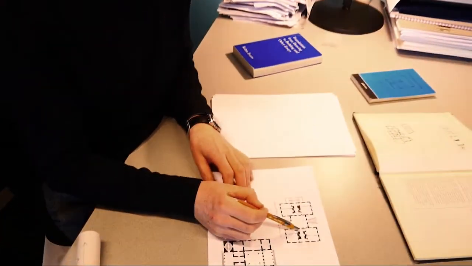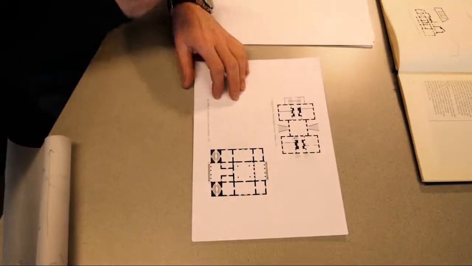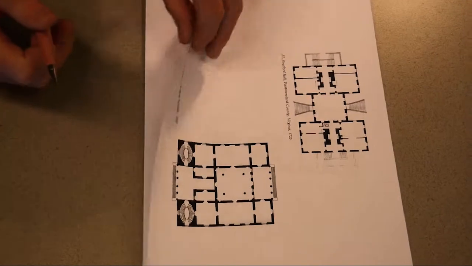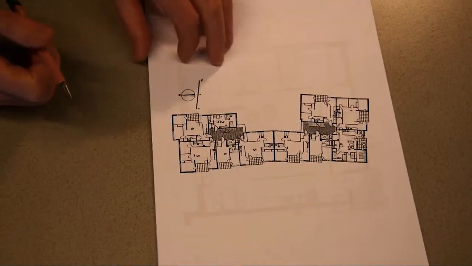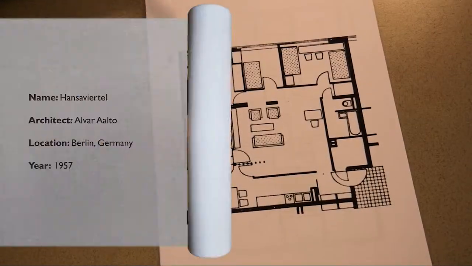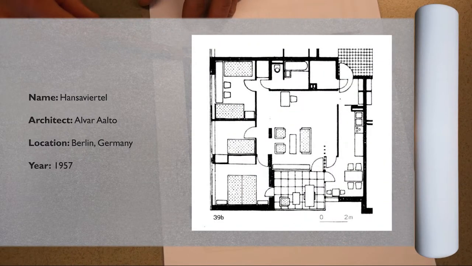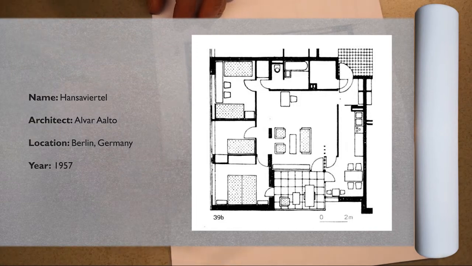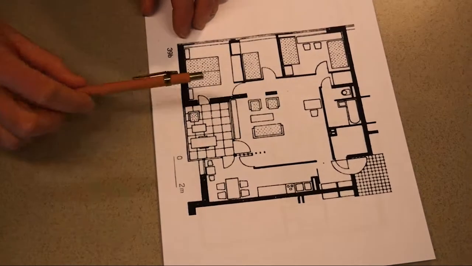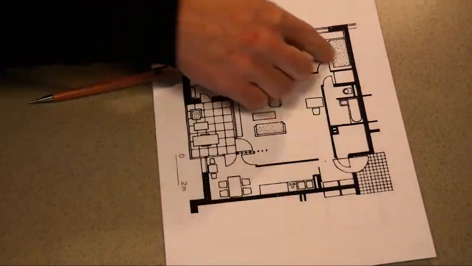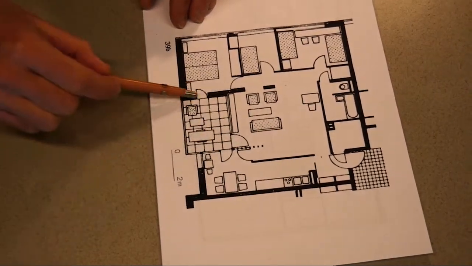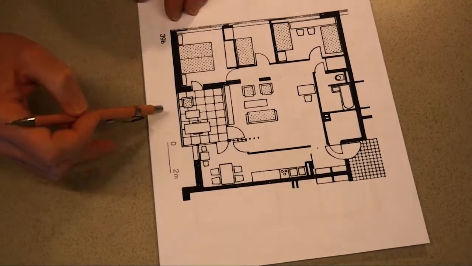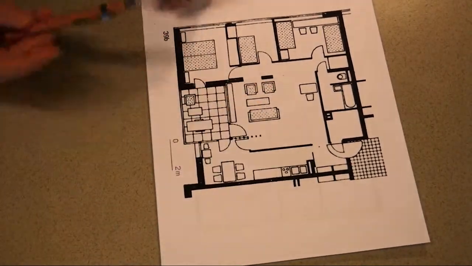is one where there's a big space in the middle of your floor plan. Classical examples from the Charles Moore book. These are apartments by Alvar Aalto in Berlin, where you see that the middle of the apartment is living room, and all these smaller rooms are arranged around it. This is the balcony, so the daylight for the living room mainly comes from here.